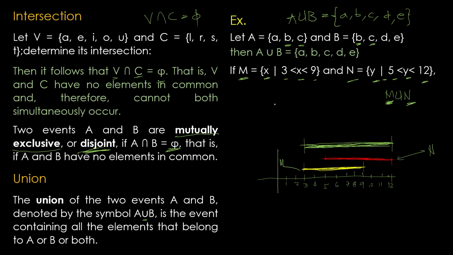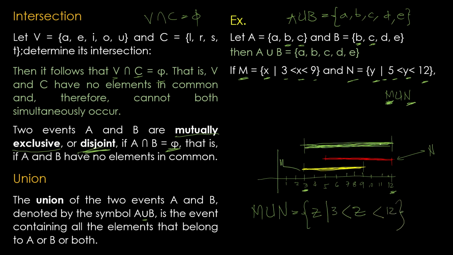So therefore, let's use another variable, let's try Z. The union between event M and event N is the set of all Z such that Z is in between the minimum value and the maximum value, between 3 and 12.